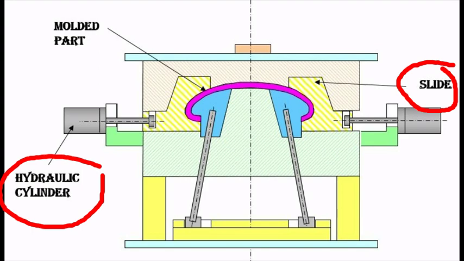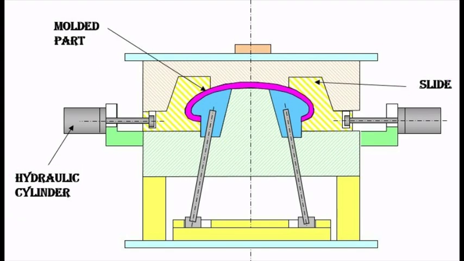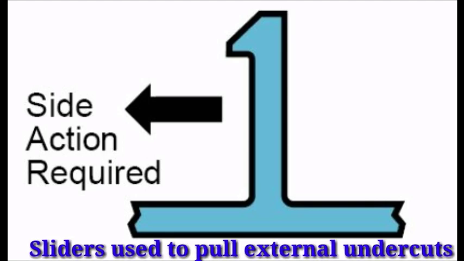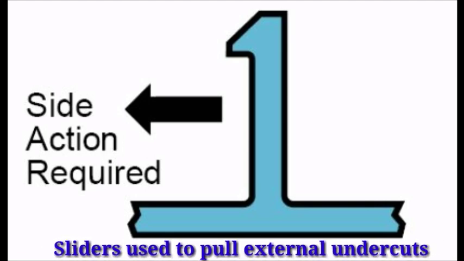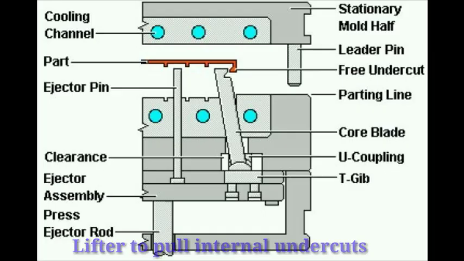Undercuts are usually of two categories: external undercut and internal undercut. Sliders are used to pull external undercuts and lifters to pull internal undercuts.